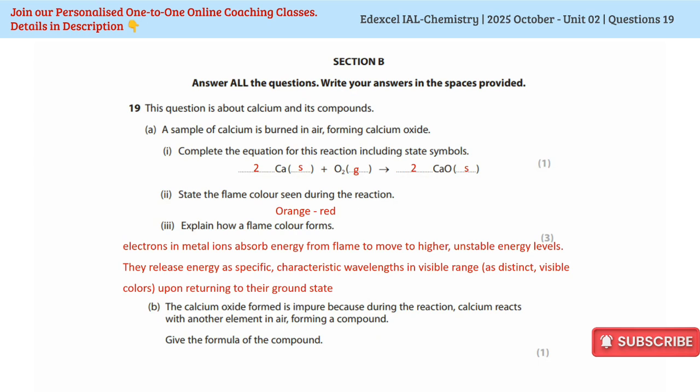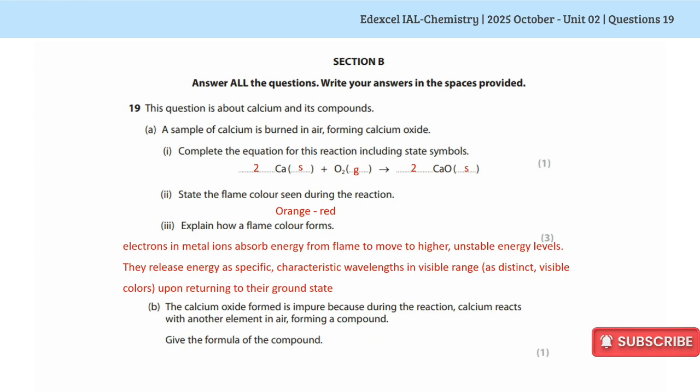Therefore, they return to their ground state, and during this process, the energy gets released as specific or characteristic wavelengths within the visible range, or you can say as distinct visible colors.